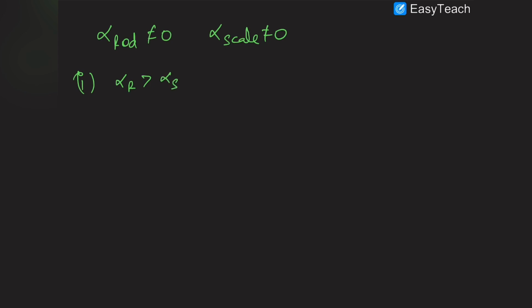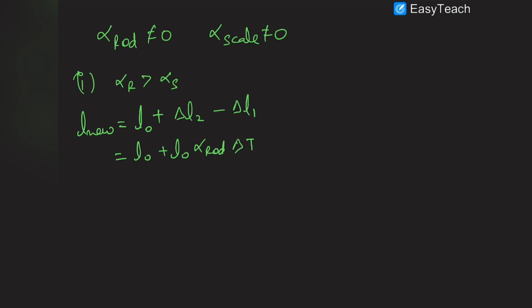So we know that the new length of the rod will be equal to older length of the rod plus delta L2 minus delta L1, where delta L2 was the length in the case when only rod was expanding, so it would be L0 alpha rod delta T, and delta L1 was only the expanded length of the scale when only scale was expanding, so it would be minus L0 alpha scale delta T.